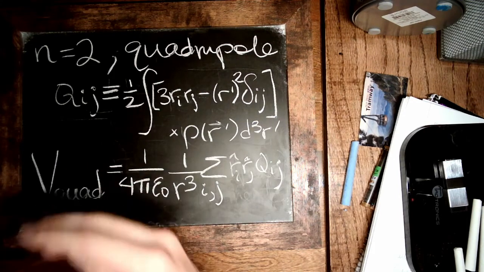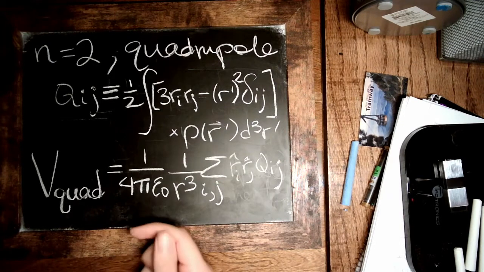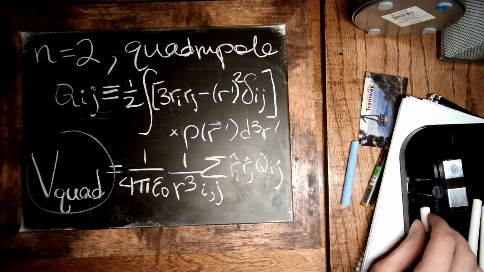Now this increases by doubling every time to octupole and so on. But this is the highest order pole I've ever seen people actually deal with. Now of course we'll be applying this multipole expansion in general to materials, to atoms and molecules in the coming videos. But that's it for now.